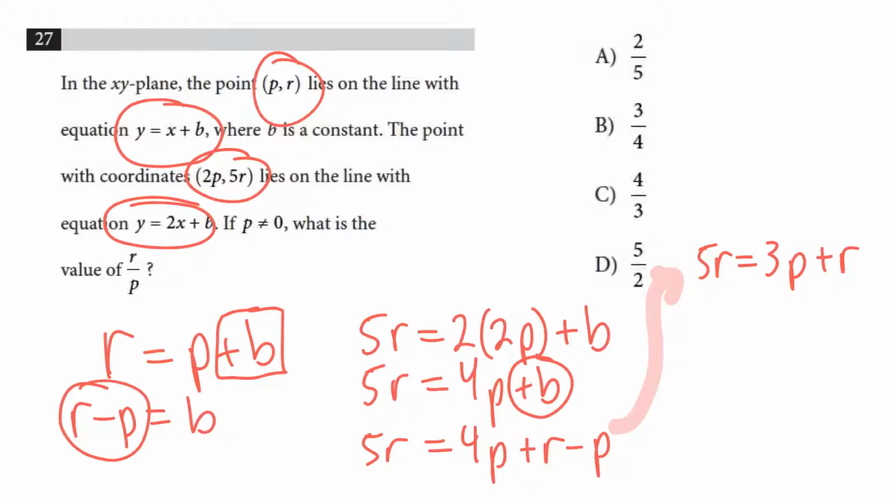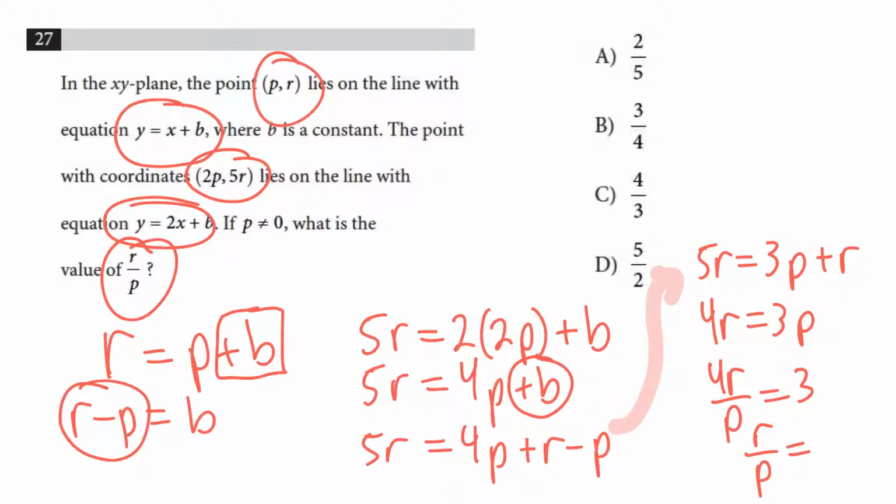I will get 4r equals 3p. And I know I want to have p in the denominator, so I'm going to divide both sides by p. I get 4r divided by p equals 3, and divide both sides by 4. Let's get a little bit more space here. R over p, divide both sides by 4, we get 3/4. So our answer is B, 3/4.